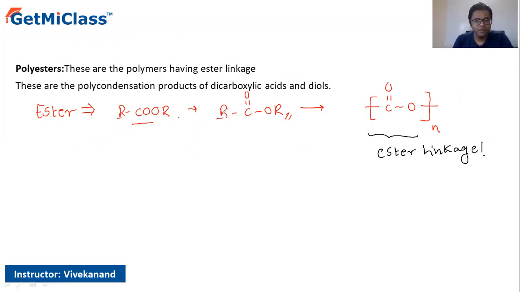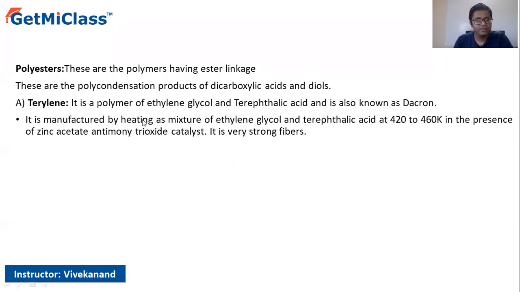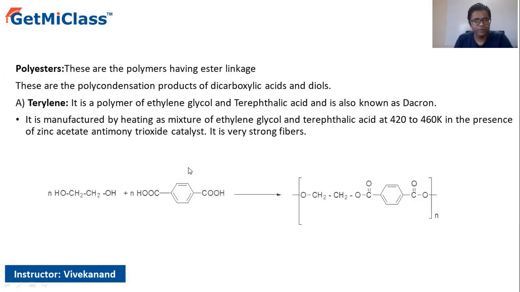Okay, now we shall observe certain examples. The first example, of course, again comes back to terylene, that is the reaction of ethylene glycol and terephthalic acid, also called Dacron, which we have already completed in our first session for today. So what is happening here? n number of ethylene glycol reacts with n number of terephthalic acid.